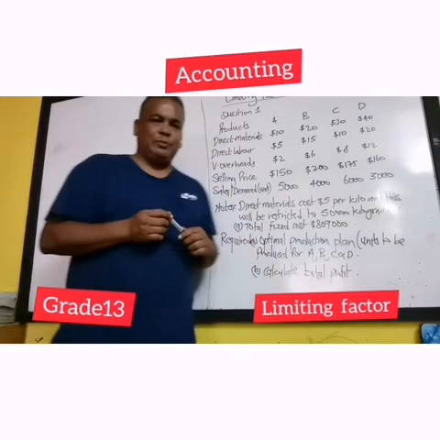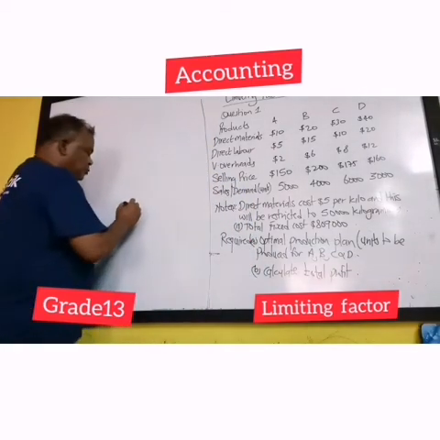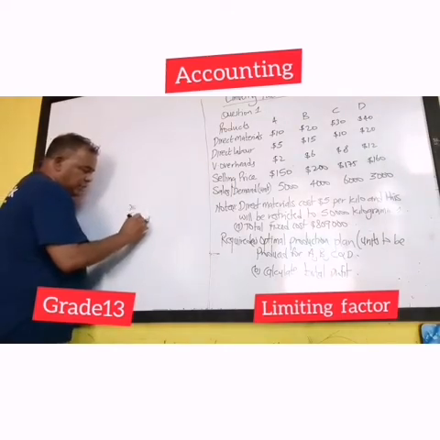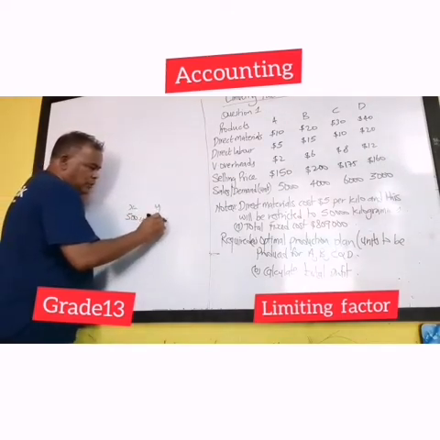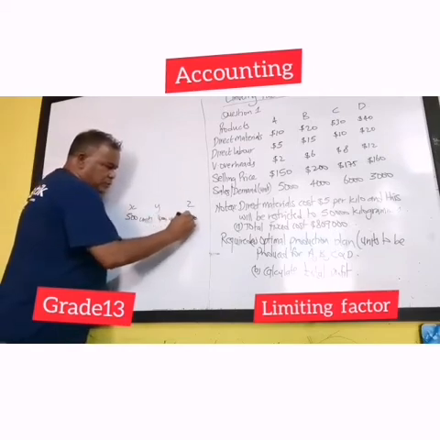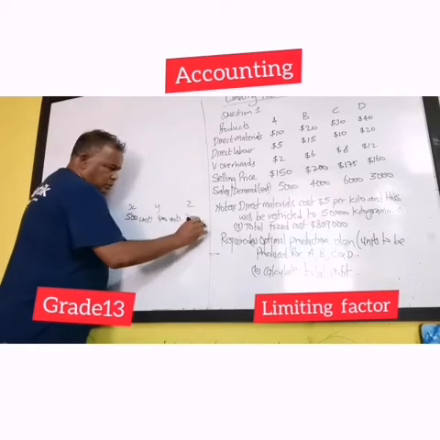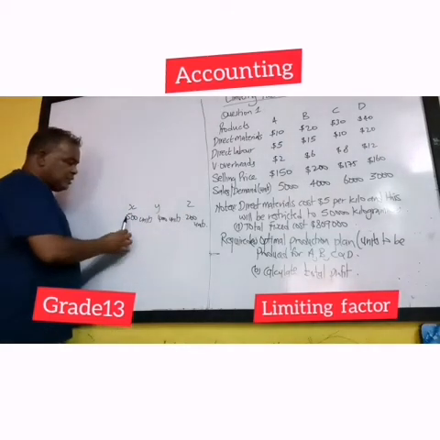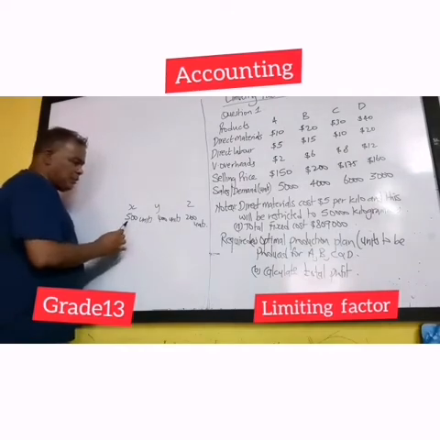capacity. For example, if a business has to produce 500 units of X, 400 units of Y, and 200 units of Z. In case there is a limiting factor, the business cannot produce to the maximum capacity.